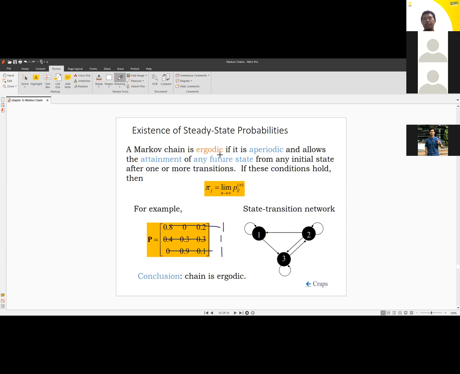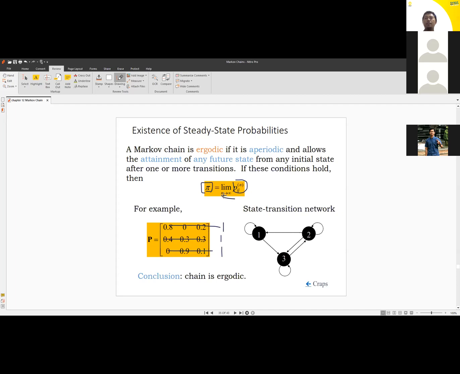In terms of a Markov chain, if it is aperiodic and allows the attainment of any future state from any initial state after one or more transitions, and this condition holds, then pi equals the limit as n becomes infinity. The p doesn't change, meaning p is a constant.